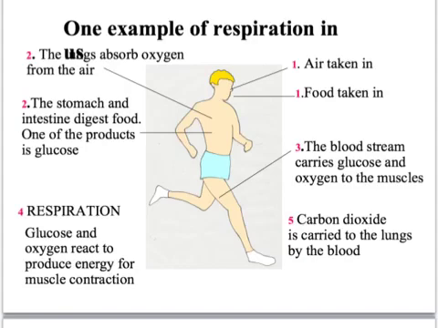One of the products is glucose, which is basically sugar. After that, the bloodstream carries glucose and oxygen to the muscles. Glucose and oxygen react to produce energy for muscle contraction. Carbon dioxide, which is released, is carried to the lungs by the blood. Can you name every single body system that will be involved for each step? Try.